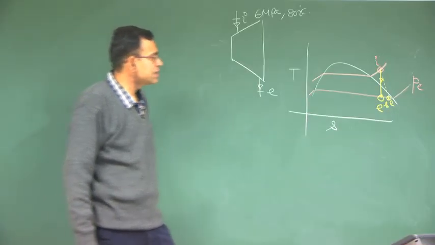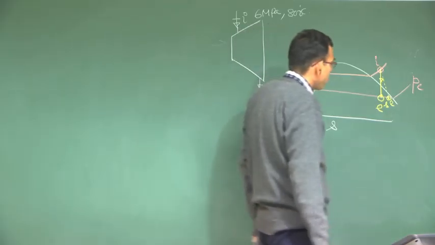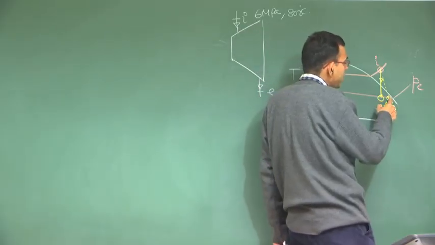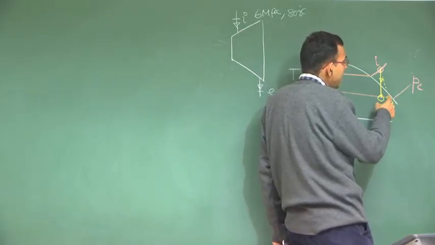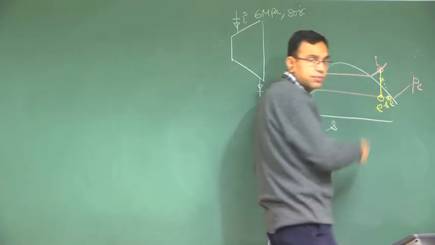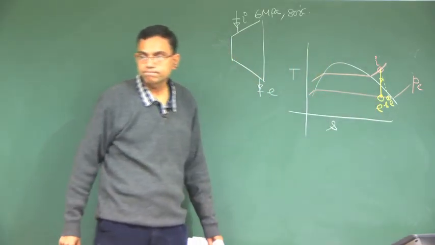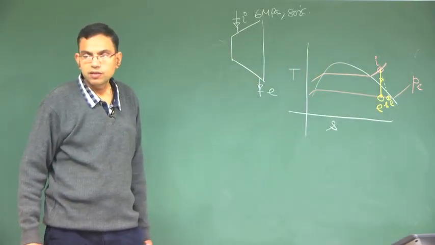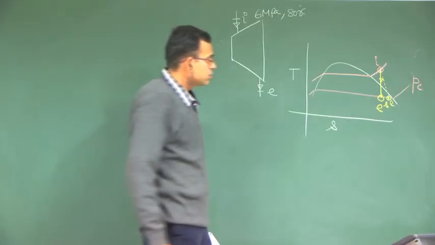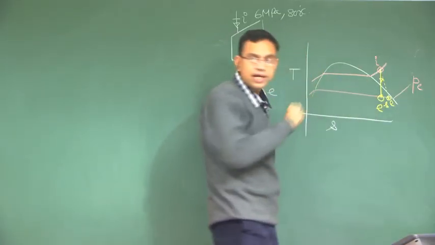Now, the question is, where is the guarantee that this point E will be in the right side of ES, or it could also be in the left side of ES? Okay. So, let us look into that more carefully.